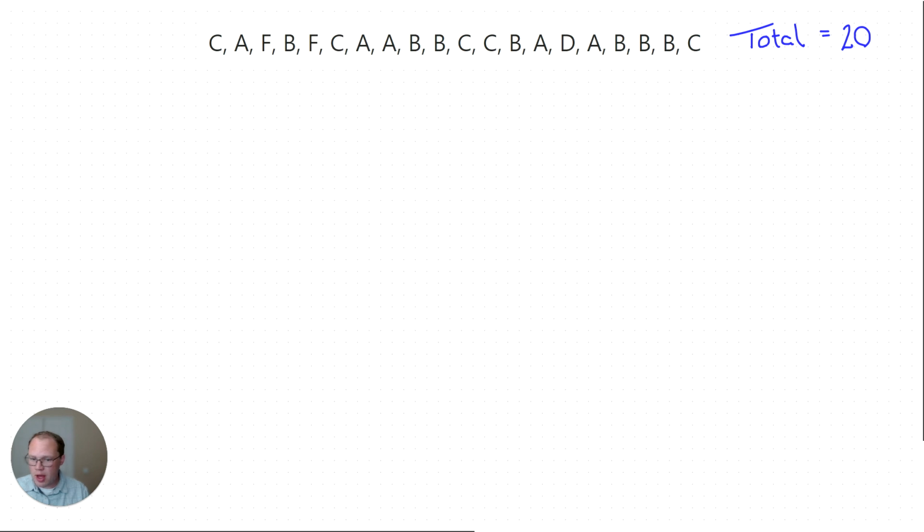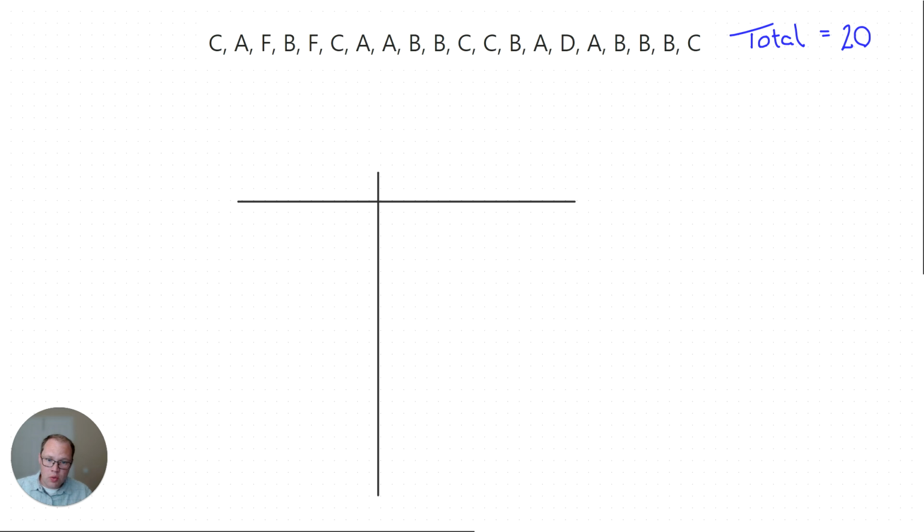So how do we draw a table? We're going to start with two columns here. The first column is going to be whatever categories we're splitting the data into. In this case, the categories that we have are the grades, the different grades that the students have.